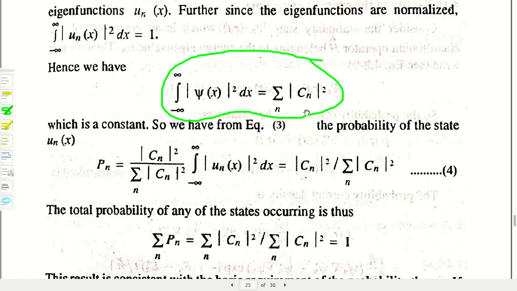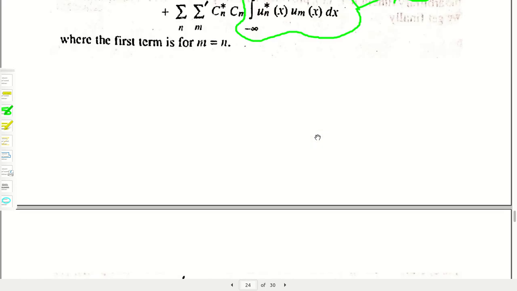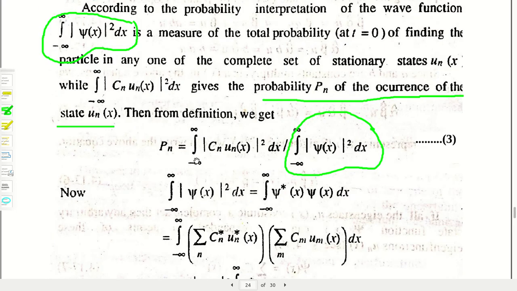Now use this formula in the expression for Pn in equation number 3. Here you know this is summation over Cn square, and what about this term Cn square? You can take the Cn square out of the integration, and the integration is left with un square dx, from minus infinity to plus infinity, which is 1.